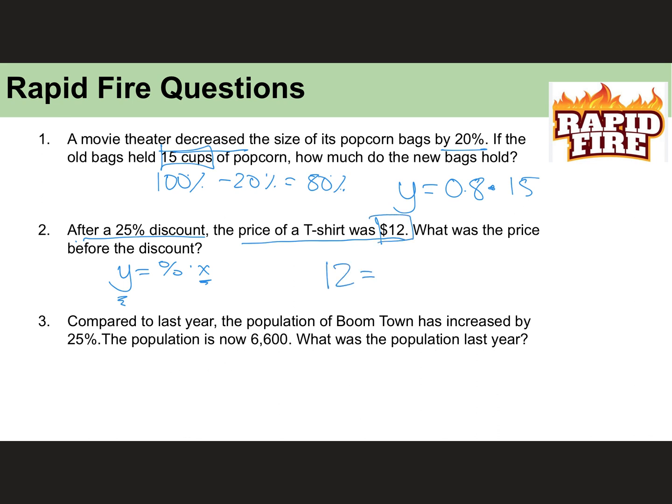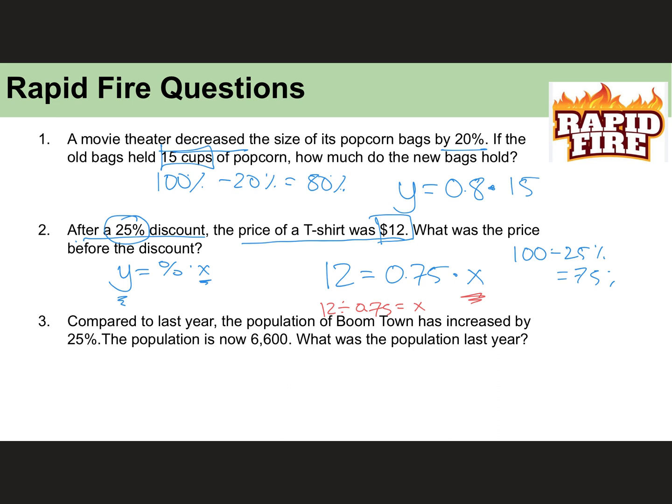So 12 is equal to 100% minus 25%, which is 75%. 12 is equal to 0.75 times x. You see how this one's a little different? Because in this case, I'm trying to find the original. And to solve this, I would just divide 12 by 0.75, and I would get the price of the original t-shirt.